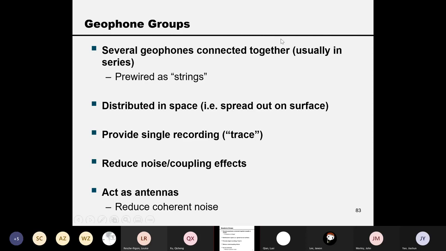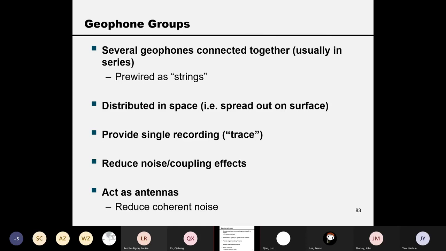So a number of geophones together generate a single recording, the so-called trace. I repeat, a single seismic trace in the field is not acquired by a single receiver. It's acquired by a group of geophones. In the theoretical study, you just think, okay, I have one receiver, and one receiver really means one receiver point, right?